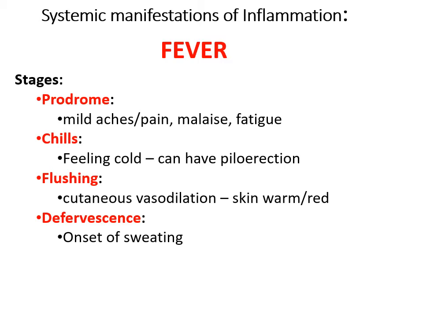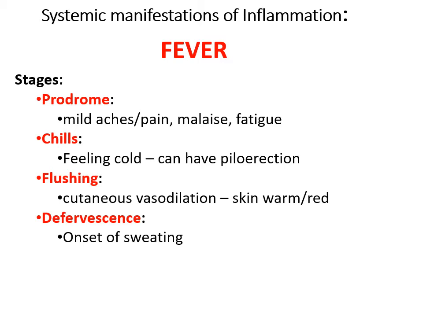What's flushing going to do? So once you have a fever, you feel flushed. That's from vasodilation, from now trying to release the heat, right? So the skin is warm and red, and by vasodilating, the body is trying to release some of its heat. And defervescence is really the onset of sweating.